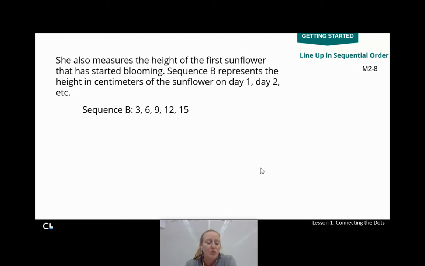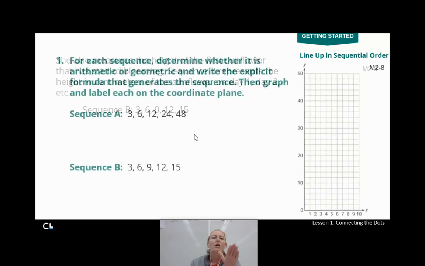So sequence B represents the height in centimeters of the sunflower on day 1, day 2, day 3, day 4, day 5, on and on. So on day 1, the sunflower was 3 centimeters tall. Day 2 was 6 centimeters, 9 centimeters, 12 centimeters, 15 centimeters. You get the idea.